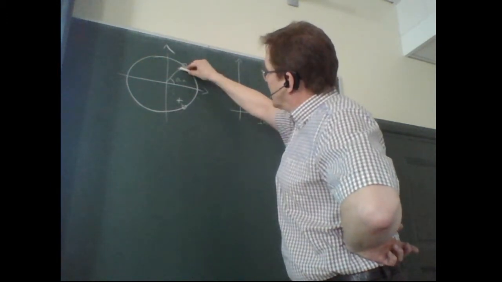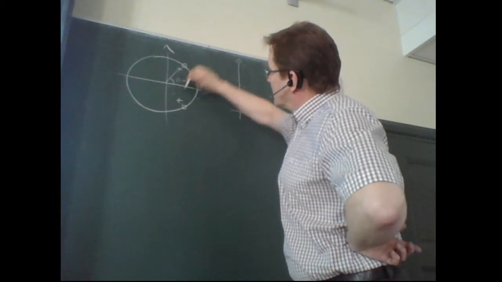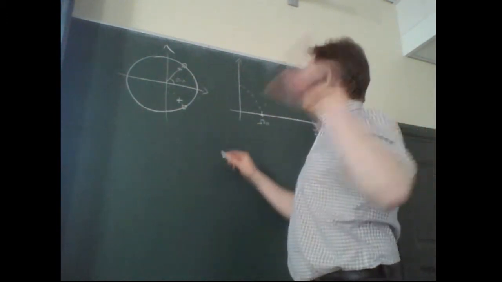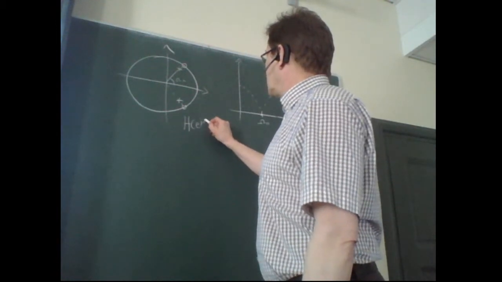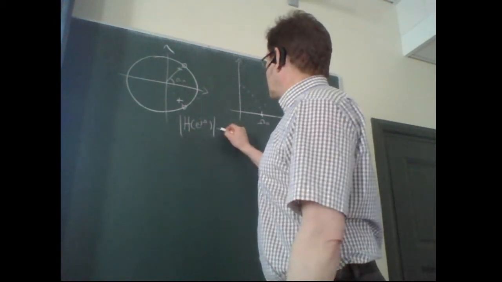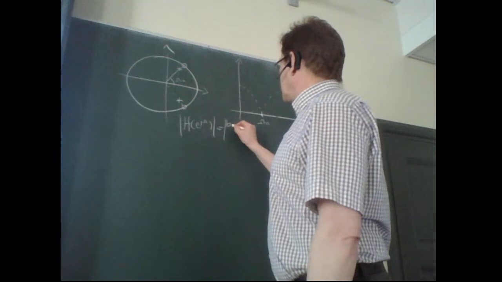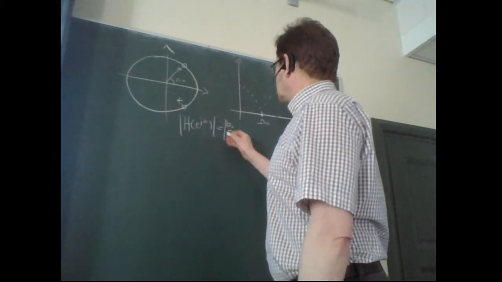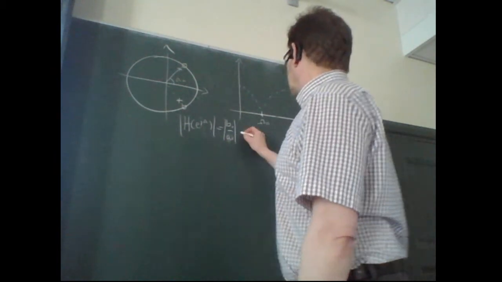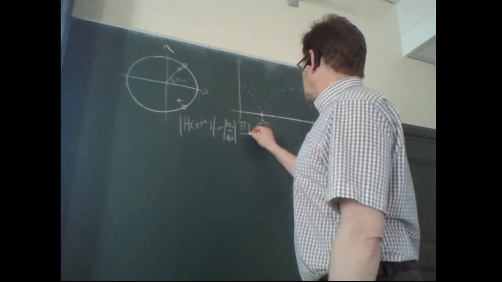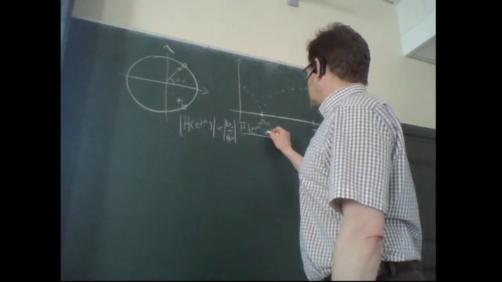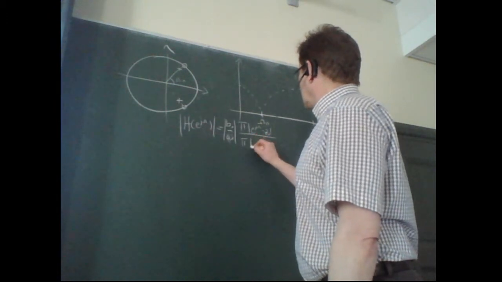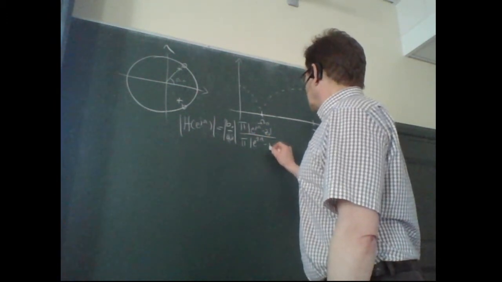Think of a signal with frequencies around here. We have equal distance to all the zeros and poles, meaning when we look at the amplitude response, we get the product of e to j omega minus ck divided by e to j omega minus pk.